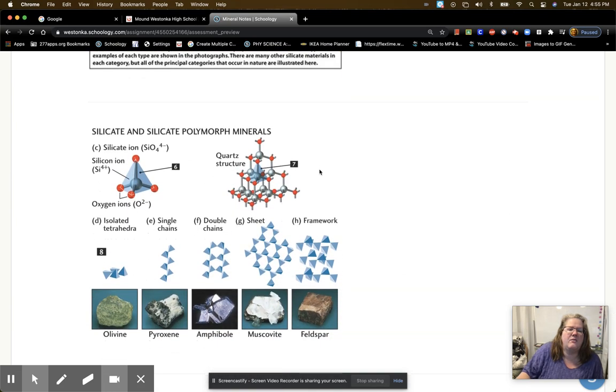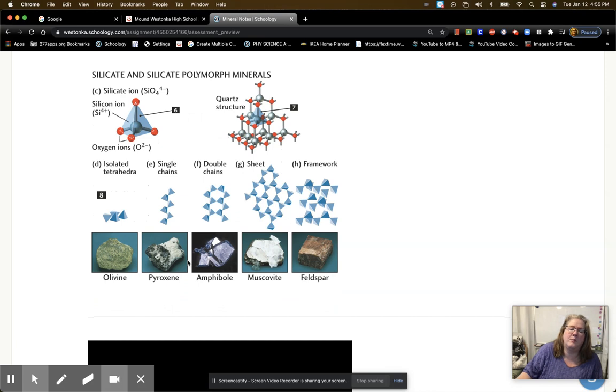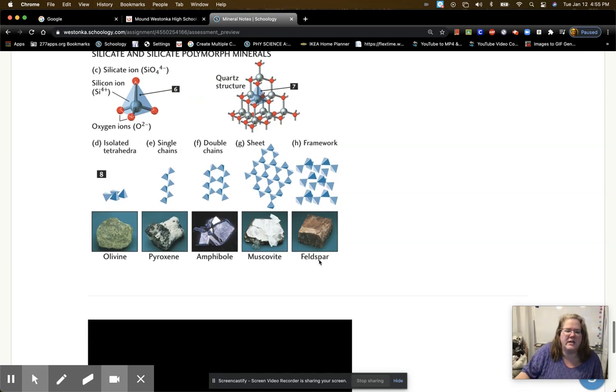We also have silicate and silicate polymorph minerals, sorry. You can see some other shapes as things grow here too, and how that framework blends itself. You can see minerals going off in different directions. Feldspar is a little more chaotic. It's not quite as nicely oriented.